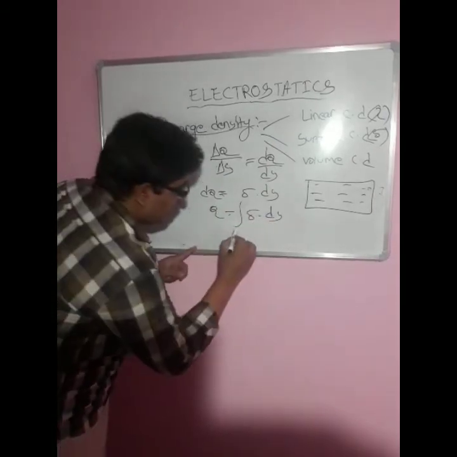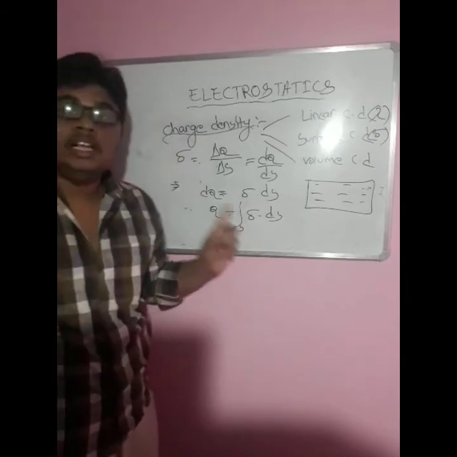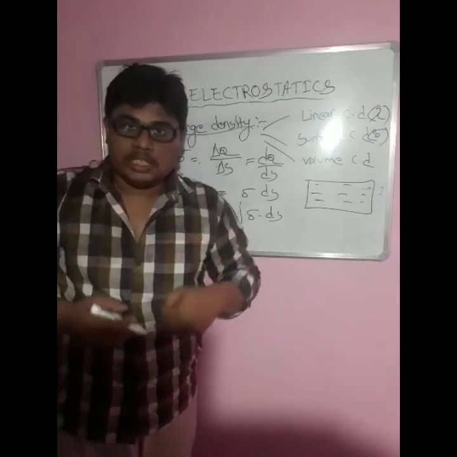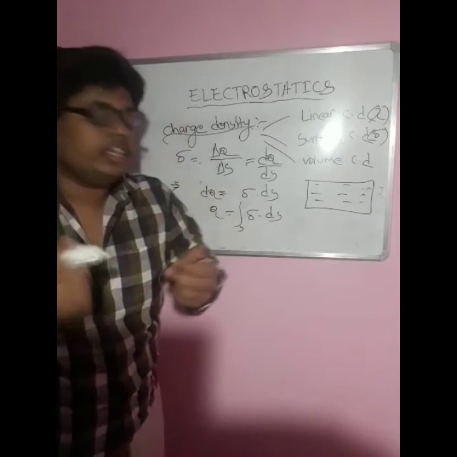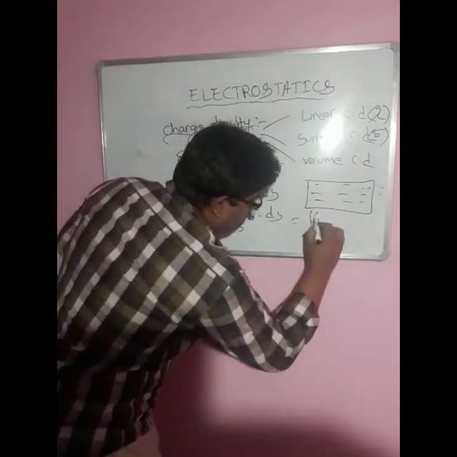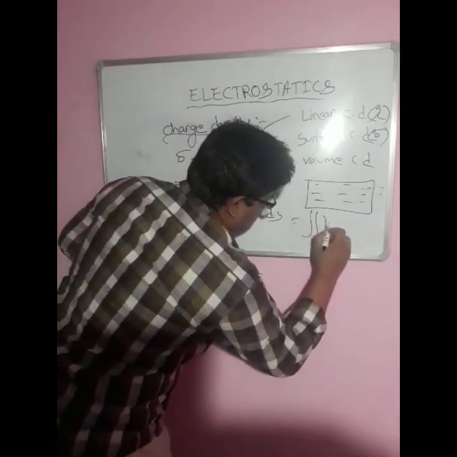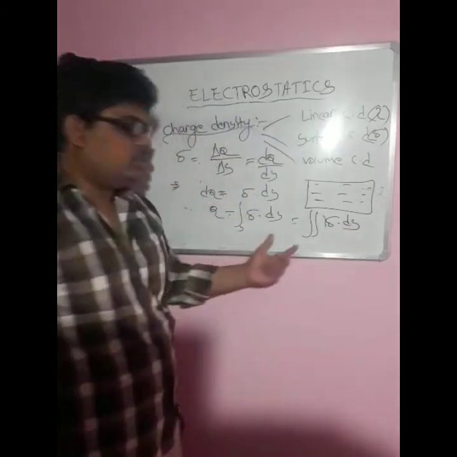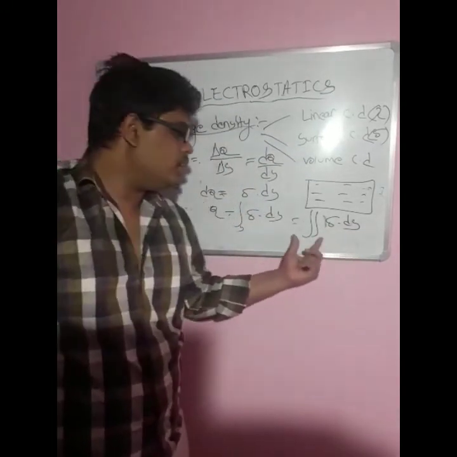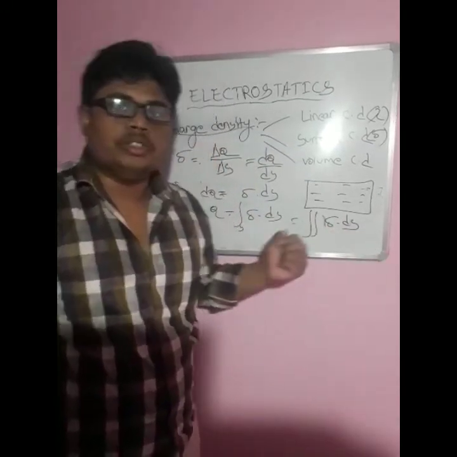See, this is a surface integral. Surface integral means we integrate area-wise. It is a double integration of sigma ds. One is length, one is breadth. That is why double integration of sigma into ds.